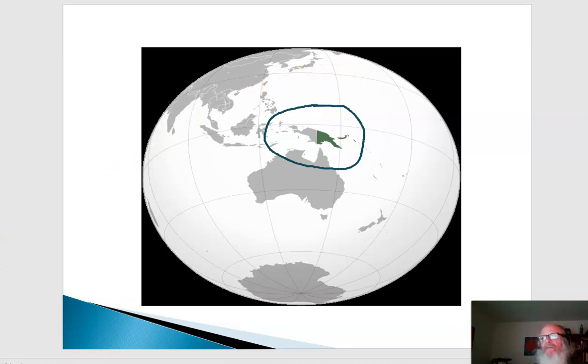And so the area of the world that he chose was Papua New Guinea, which is part of this island, New Guinea, a big chunk of real estate north of Australia.